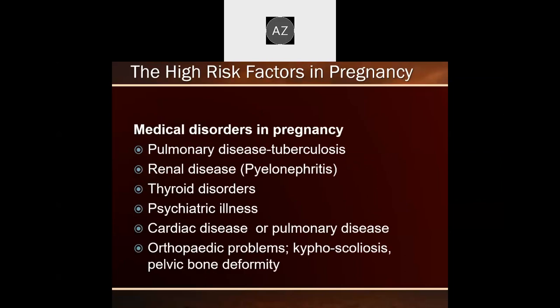Then the medical history. From the medical history, you can have a mother who has had pulmonary disease, renal disease, thyroid disease, psychiatric disease, cardiac diseases, and orthopedic diseases. All these are medical components that can jeopardize the pregnancy.